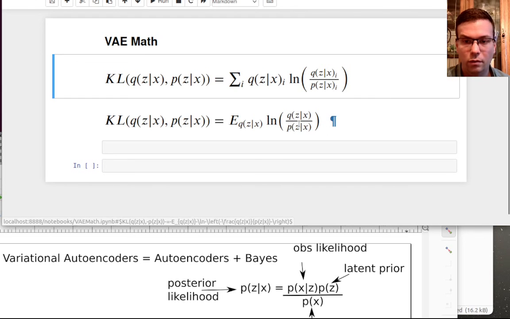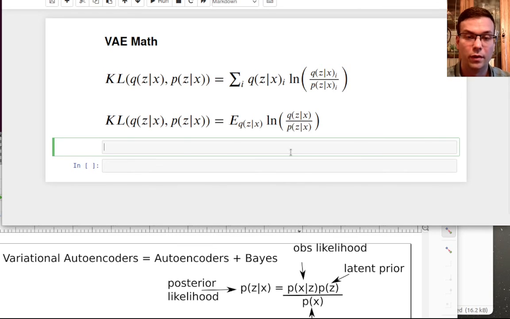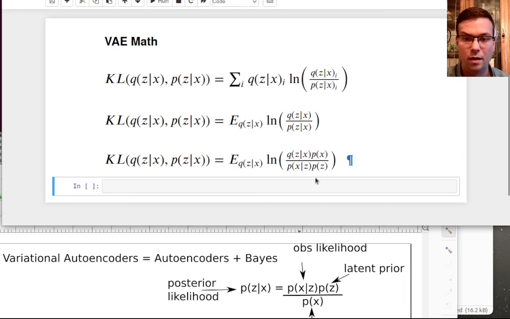And so what I can do instead is use Bayes' rule and plug in this expression, which is in terms of the observation likelihood, latent prior, and observation probability, in the place of P(Z|X). So if I do that, it's just some reciprocal stuff.